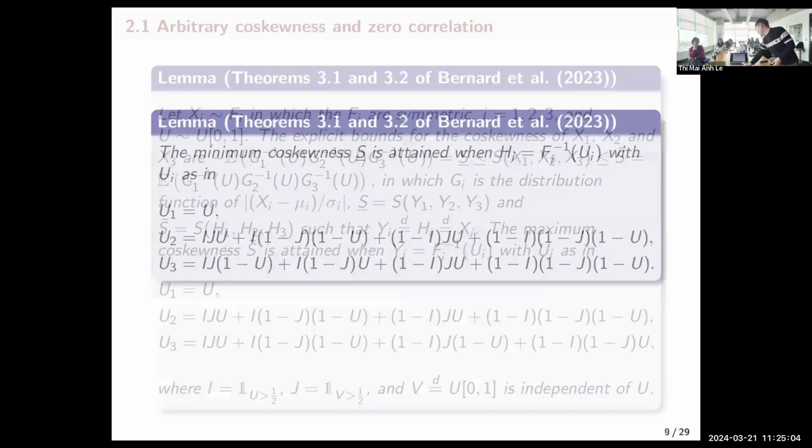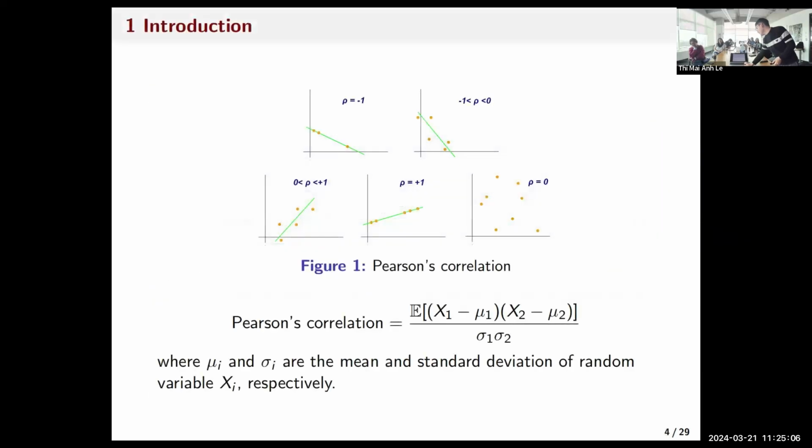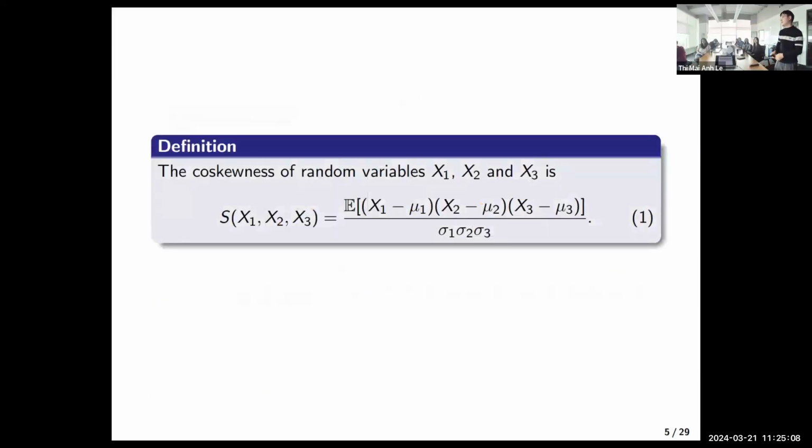For example, the fact that pairwise Pearson correlations being equal to 0 do not mean much for coskewness doesn't really surprise. Why did you become interested in this problem? Why did we come to this 3-dimensional case? Because we know that the efficient frontier, from Markowitz, uses only the correlation coefficient for the second dimension.